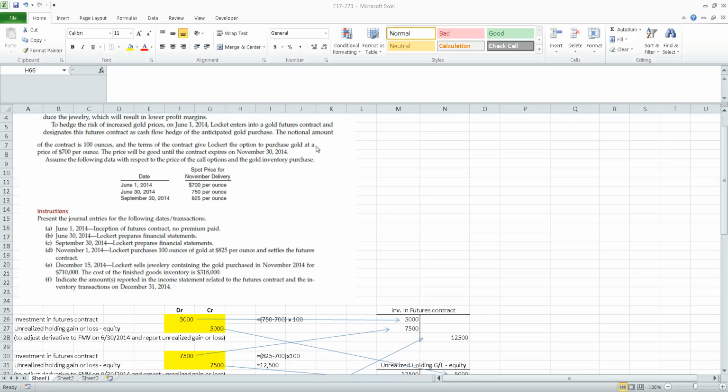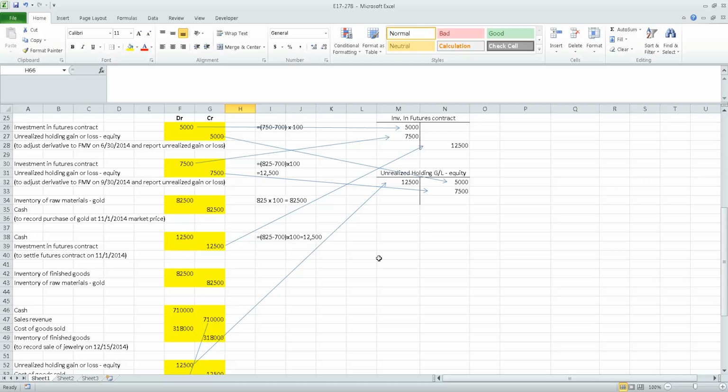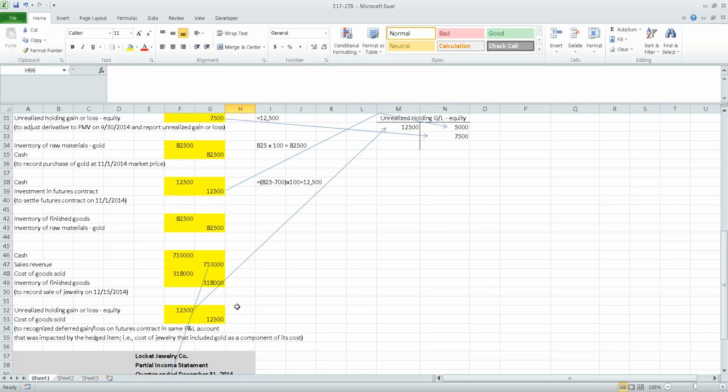So the accounting for that calls for us to report the derivative on the balance sheet at fair market value, defer recognition of the unrealized holding gains and losses associated with change in value of that derivative, and only recognize those unrealized holding gains and losses at such time as the transaction that we're hedging against works its way through to the income statement.